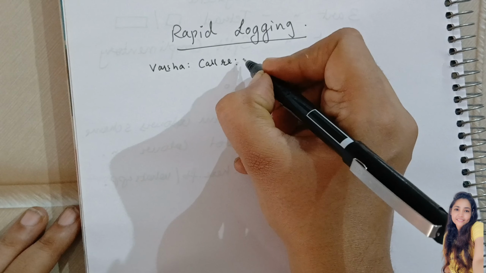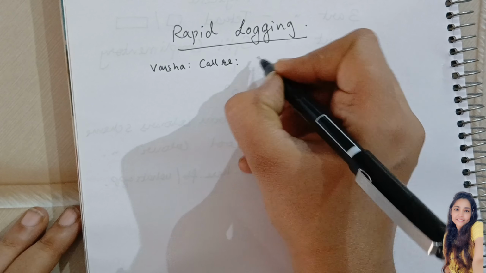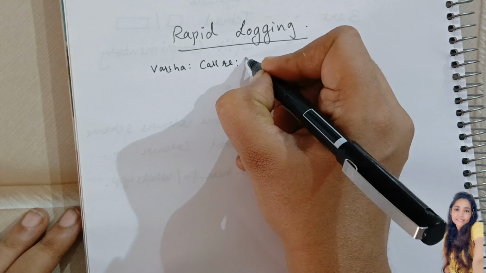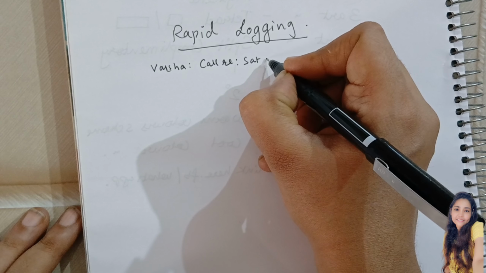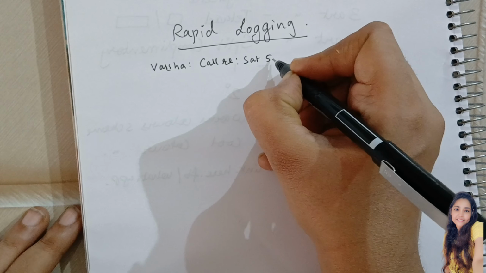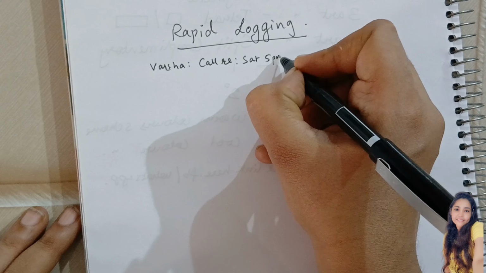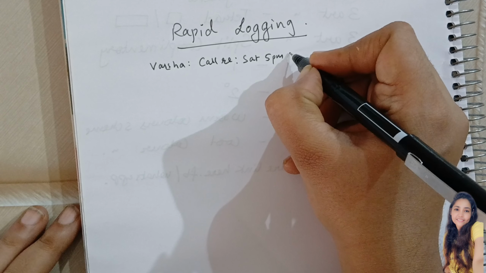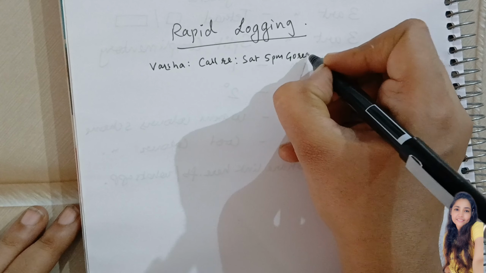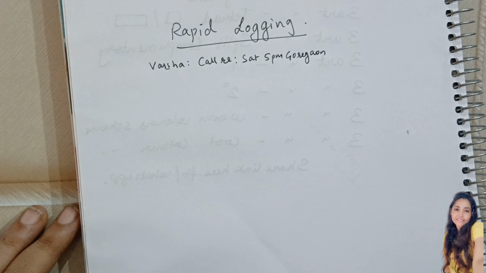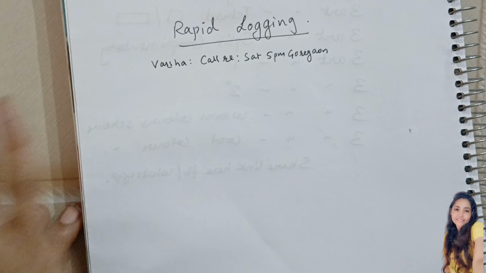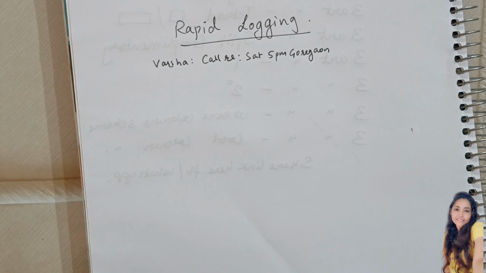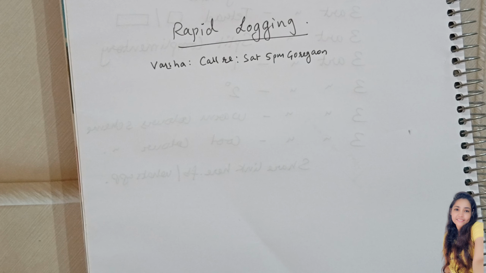When do you have to, what are the other points of talking? So Saturday evening, let's say Saturday, 5 p.m. Gorega. Okay, so in this much space, that whole long statement is logged.